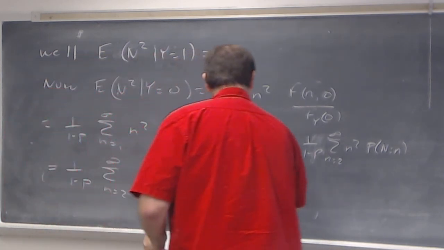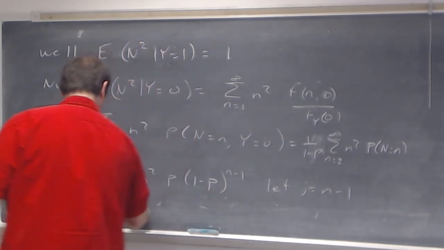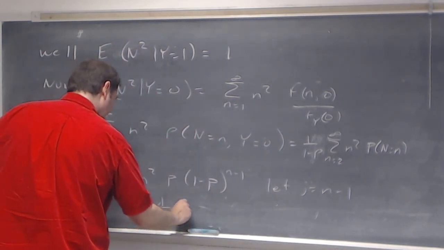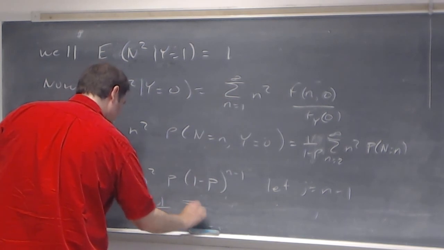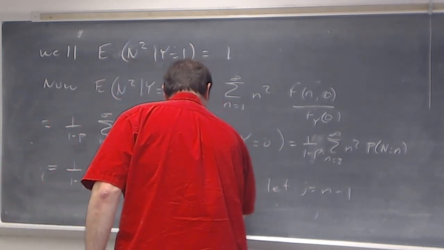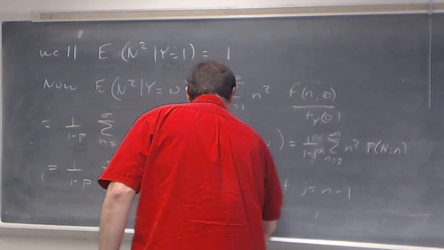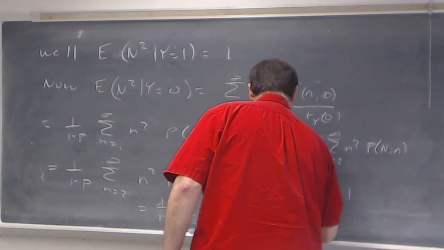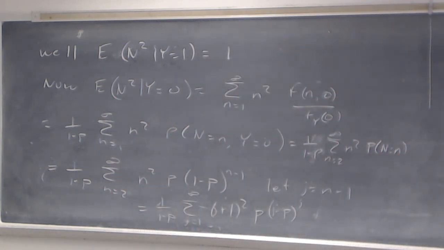Then we're going to let, just like what we did before, j equal n minus 1. So I'm going to get 1 over 1 minus p times the sum as j runs from 1 to infinity. n is going to be replaced by j plus 1, so it's j plus 1 squared, just like what we did before. And then this would be p times 1 minus p to the j. Rewrite that. Almost done.